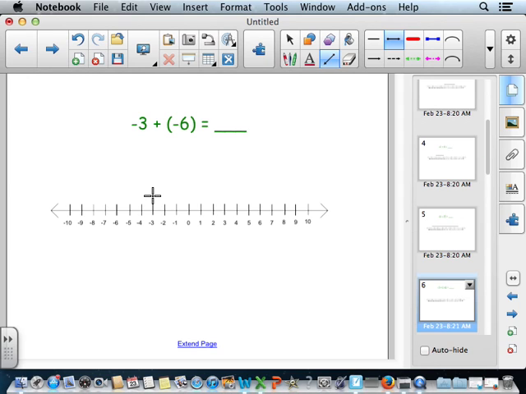If I were adding 6, I would move to the right 6, but because I'm adding the opposite, I'm going to move in the opposite direction, so I'm going to move to the left 6 spaces. 1, 2, 3, 4, 5, 6. Moving to the left 6 spaces puts me at negative 9, so negative 3 plus negative 6 equals negative 9.